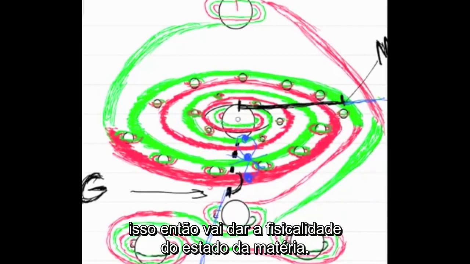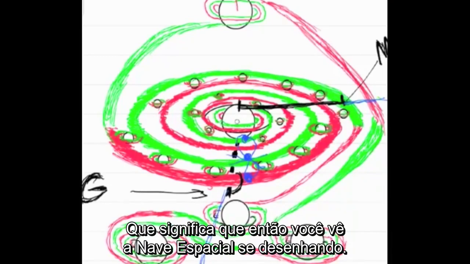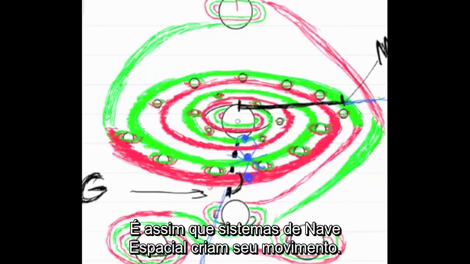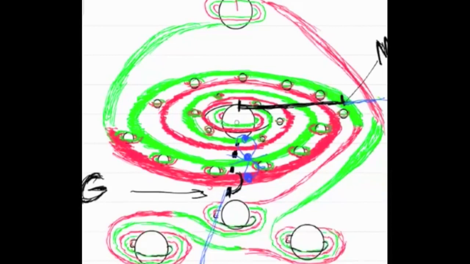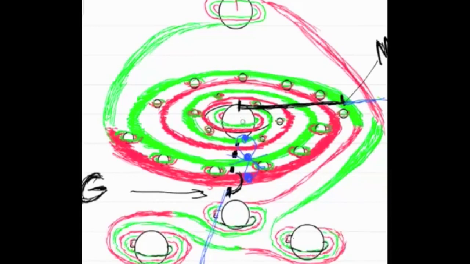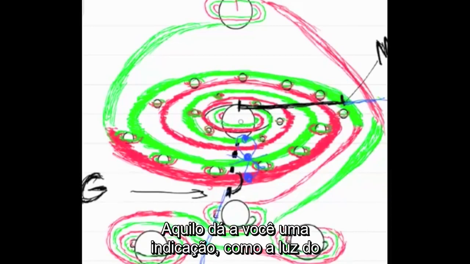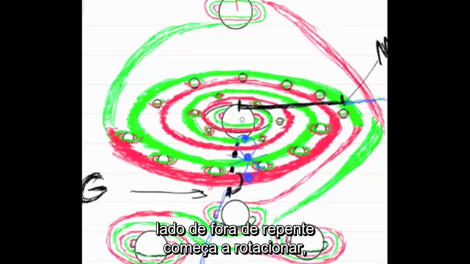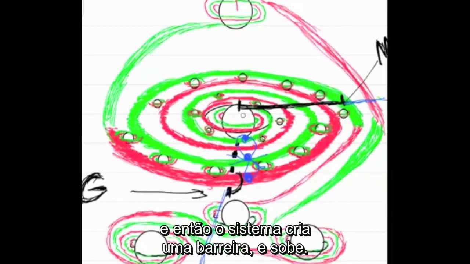This will give you the physicality state of the matter, which means then you see the spaceship drawing. This is how spaceship systems create their motion. If you have ever understood, let's go back to the system we see over Jerusalem on Christmas day. That gives you an indication how the light outside suddenly starts rotating, and then the system creates a barrier and it lifts up.